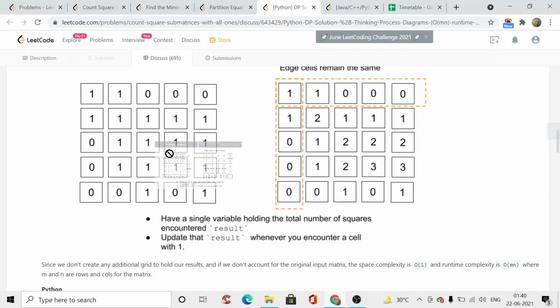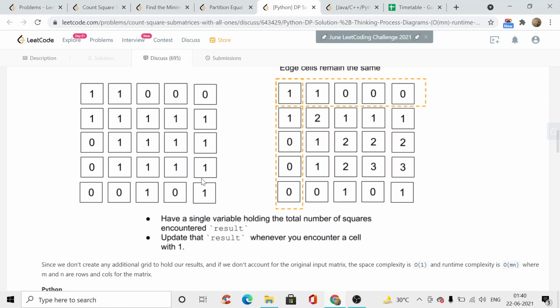Similarly, if you are able to make a square of size 3 using this cell, then definitely you are able to make a square of size 2, and similarly a square of size 1. If all of these are 1, then you are able to make a square of size 5, then you are also able to make a square of size 4 using this cell. Similarly this and similarly this.